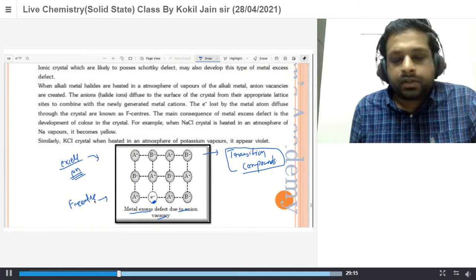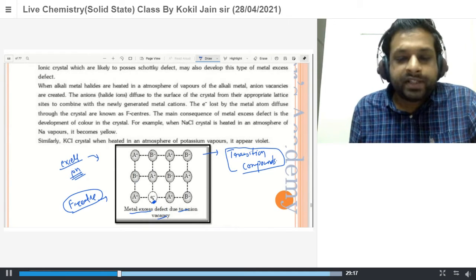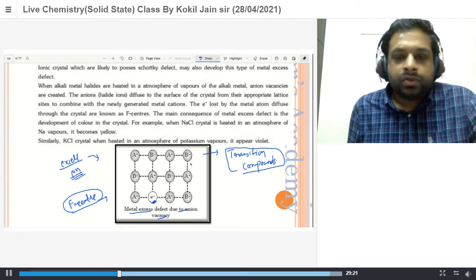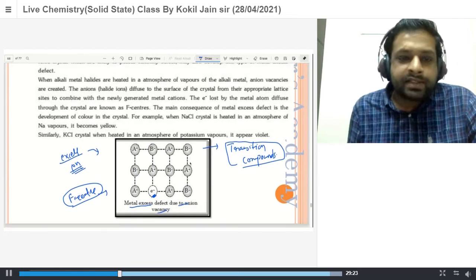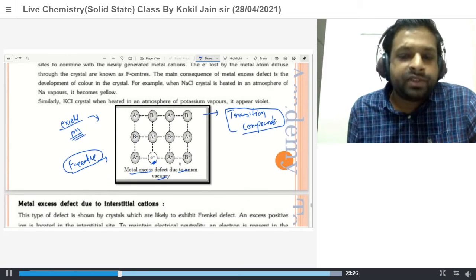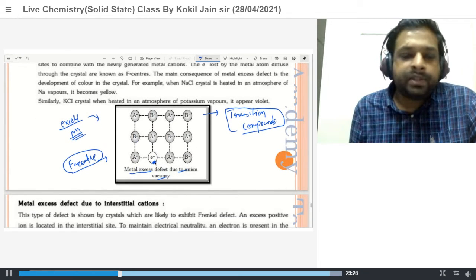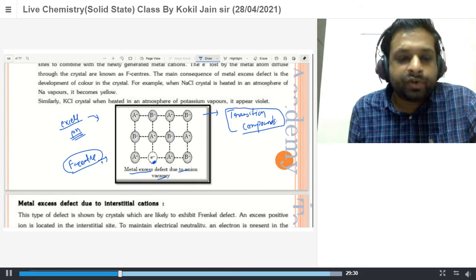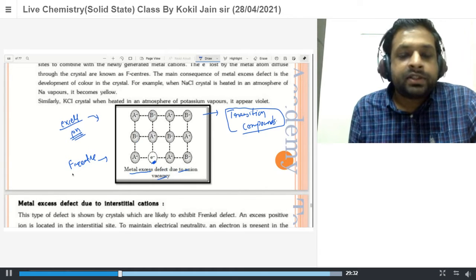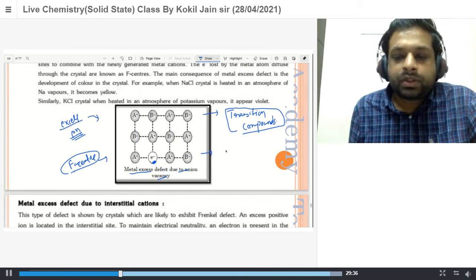Due to the formation of F centers, such crystals are going to show color due to this defect.